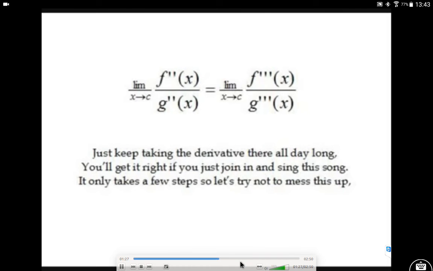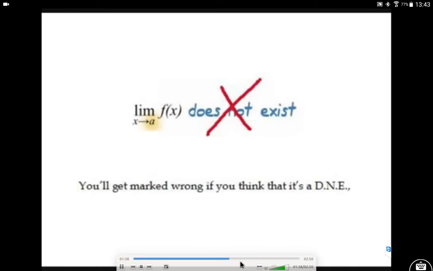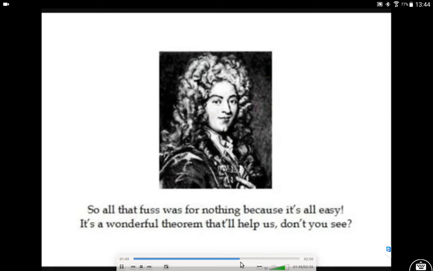It only takes a few steps, so let's try not to mess this up. Yep, I'll get what's wrong if you think that it's a deity. But with L'Hopital, you'll find that the solution's free. So all that fuss was for nothing because it's all easy.